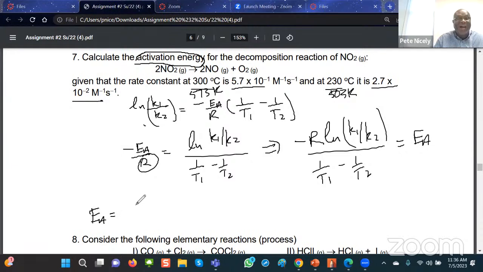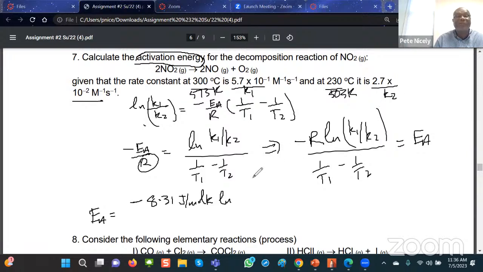Now remember, the R must be expressed as 8.31 joules per mole Kelvin, multiplied by ln K1 over K2. So what is K1? K1 would be the first rate constant here, so this is K1, and this would be K2.